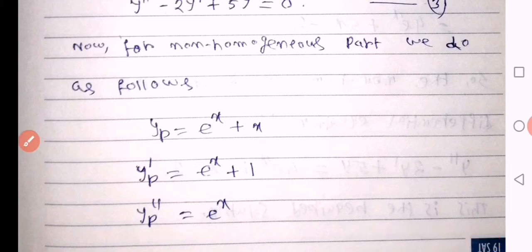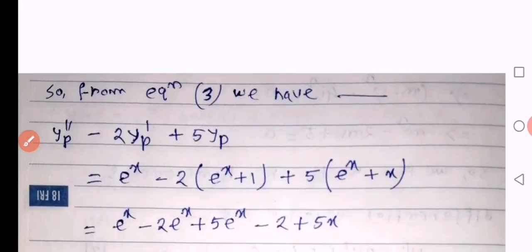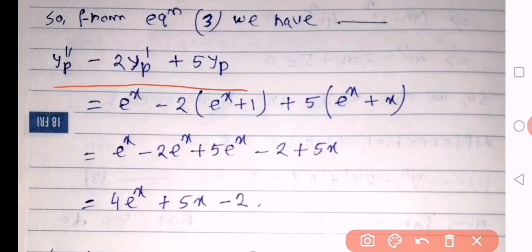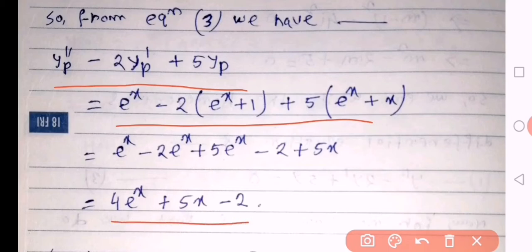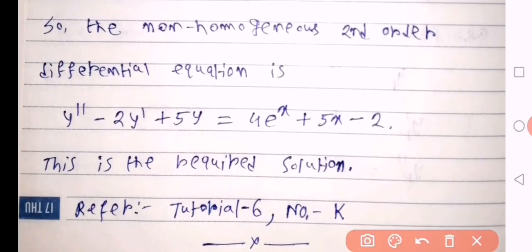By substituting these values, we can find the right hand side non-homogeneous part, which is yp double dash minus 2yp dash plus 5yp equal to, after substituting all the values, we will get finally this, which is our right hand side Rx, that is the non-homogeneous part. So, the given non-homogeneous differential equation can be written as y double dash minus 2y dash plus 5y equal to 4 e to the power x plus 5x minus 2.